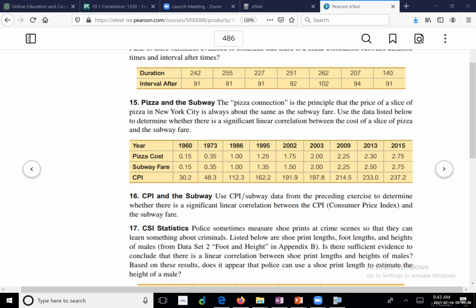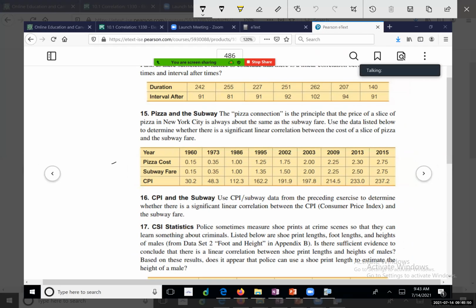Thank you. As you look at the table, there are many data, but you are just looking at pizza cost and subway fare. Let's see if there is a correlation between the two. So where do you start?